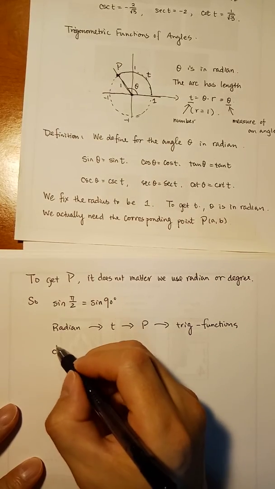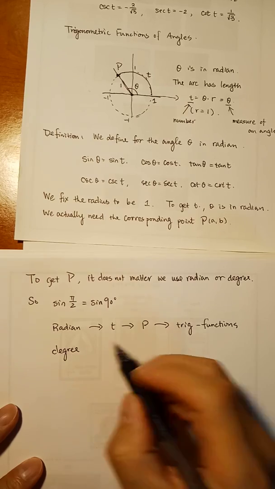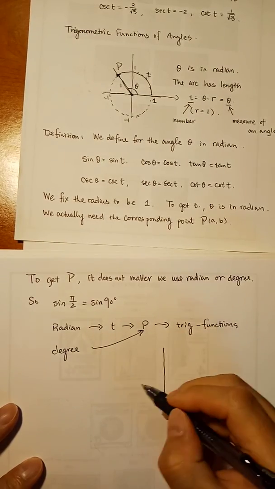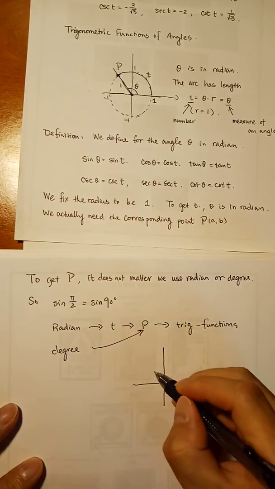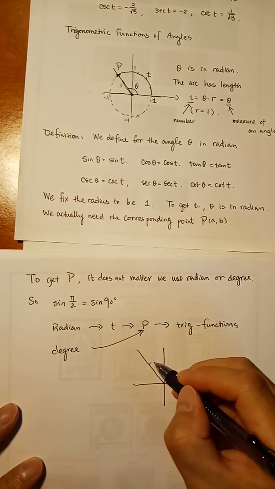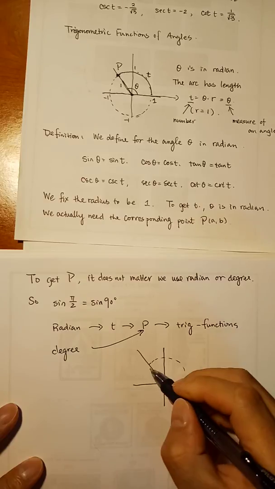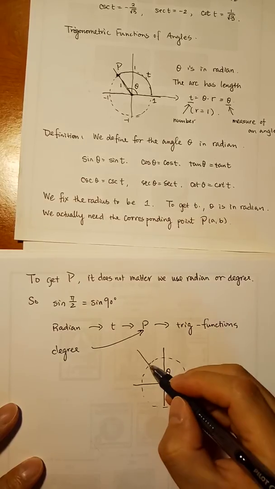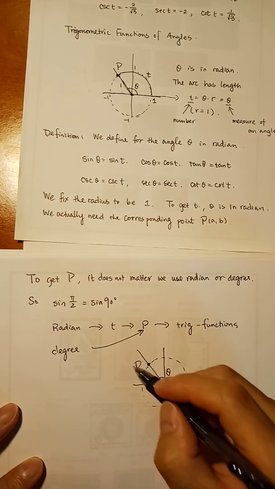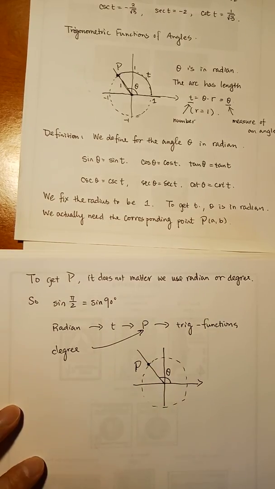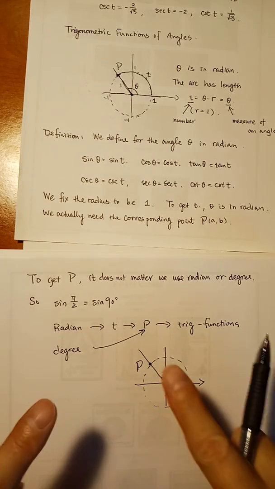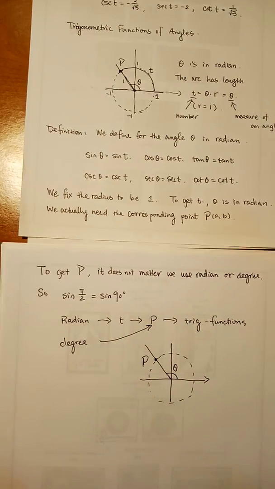But the degree can also give you P. Remember, degree can also give you P, and P gives you the trig values. So they are just two different approaches to the same point.